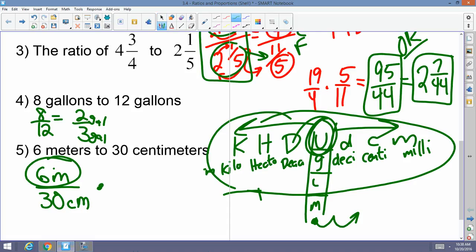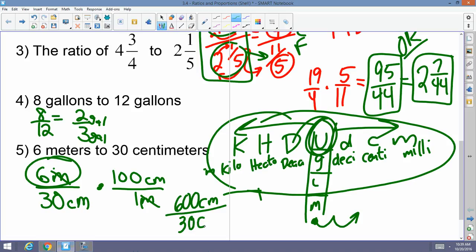So I'm going from large to small, so I'm always going to multiply. I'm going to multiply by 100 centimeters per 1 meter. The meters cancel. And now I have 6 times 100, so that becomes 600 centimeters over 30 centimeters, which when you do it correctly gives you 20 centimeters to 1 centimeter.